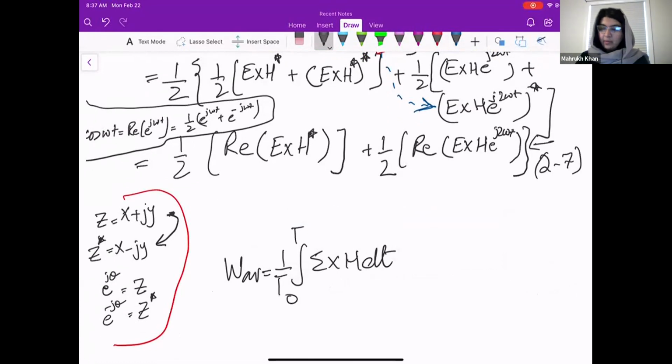That's what we have said above. And this thing is our W instantaneous, or E cross H. So when you calculate your average power density, you integrate it over one period of time, and then it will give you the average power density.